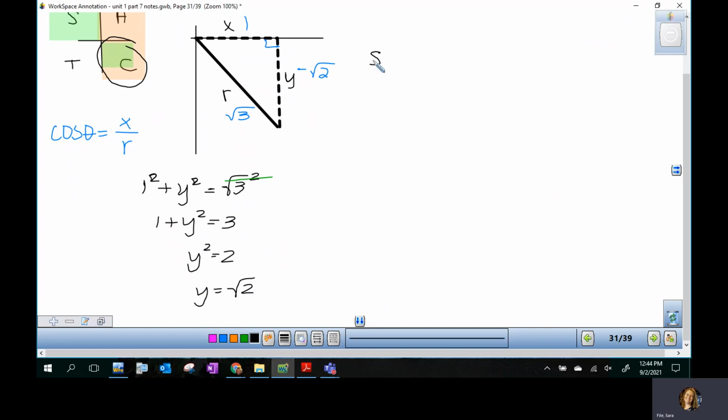Okay, so I want sine, cosine, and tangent, cosecant, secant, and cotangent. I can start with the given.